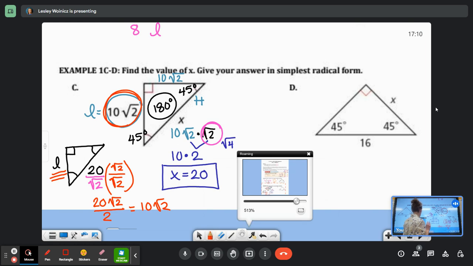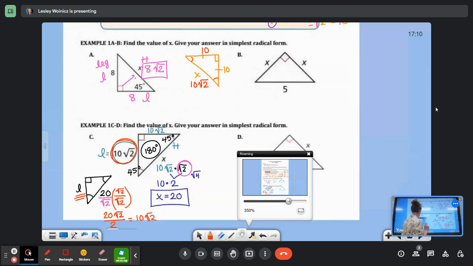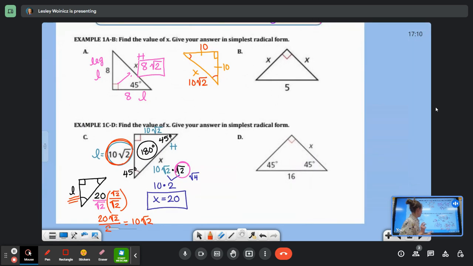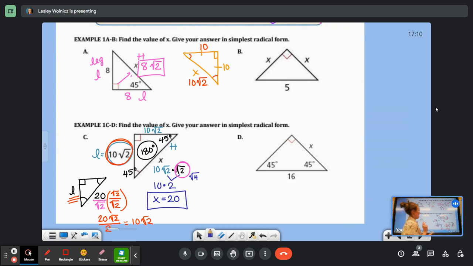Let's look now at letter B. B is just like the little picture that I drew down here. So when they gave us our hypotenuse as 5, we don't multiply by root 2.